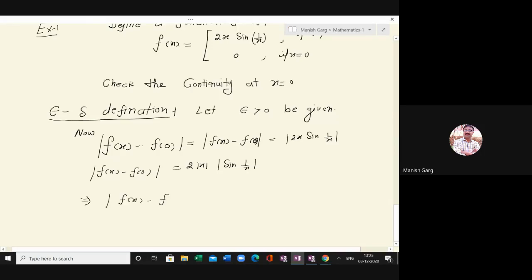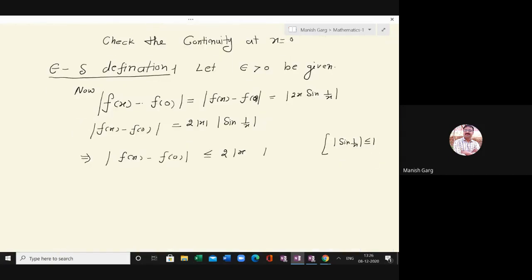Fx minus f0 will be less than or equal to 2 mod x, since mod sine 1 by x is less than or equal to 1.